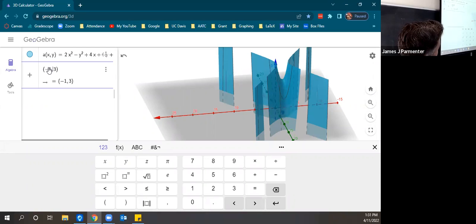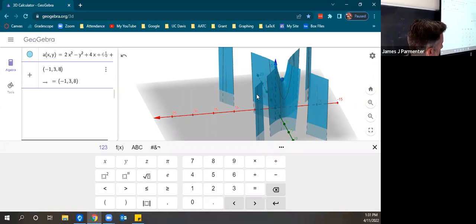I was hoping it would give me the z value there, but I could figure it out. If I plugged in -1 for x and 3 for y, I could do some quick math and find that f of -1, 3 is equal to 2 minus 9 minus 4 plus 18 plus 1. That's going to be -7, -11, +7, +8. Go back to here.